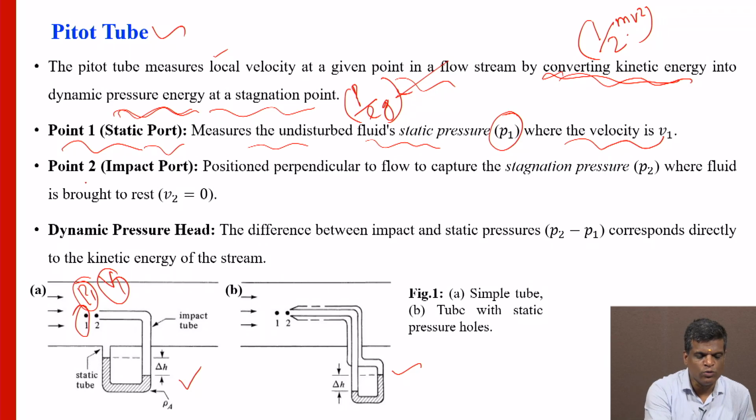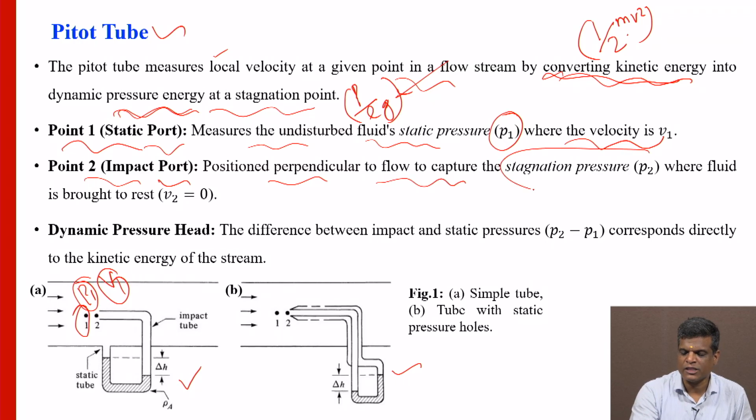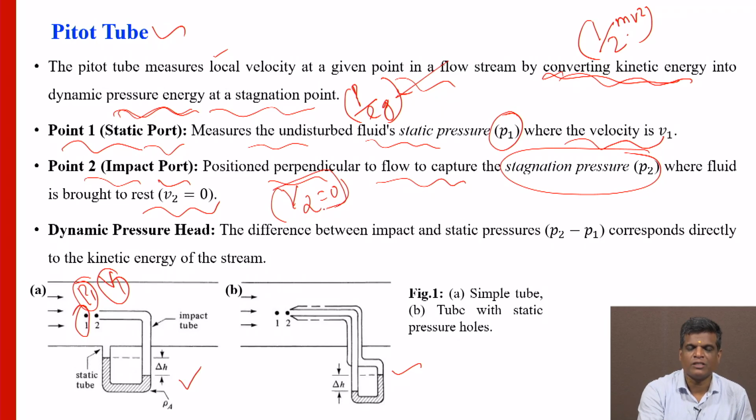In the same way, point 2 is called the impact port. It is positioned at the same place, perpendicular to the flow, to capture the stagnation pressure, that is P2. But at P2, the velocity V2 is 0. Why is V2 0? Because the tip velocity V2 is always equal to 0.